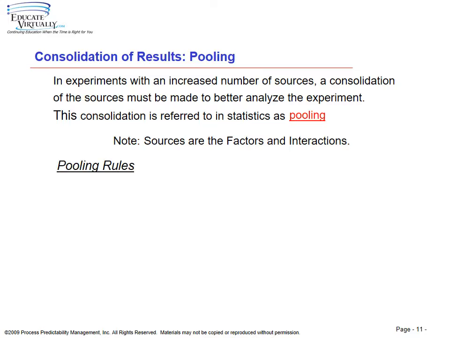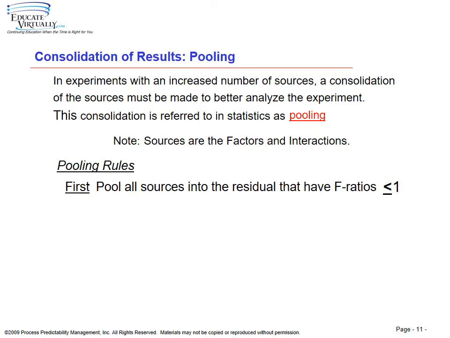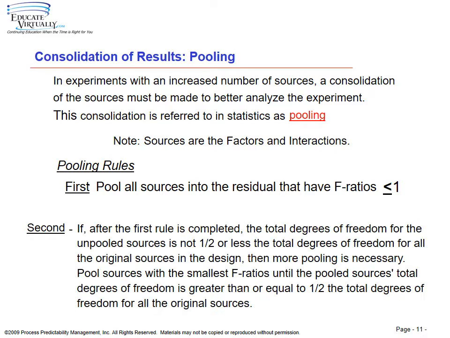The pooling rules. The first rule: pool all sources into the residual that have F ratios that are less than or equal to 1. In our case, we didn't have any that were less than or equal to 1. Second, if after the first rule is completed, the total degrees of freedom for the unpooled sources is not half or less the total degrees of freedom for the original sources in the design, then more pooling is necessary.